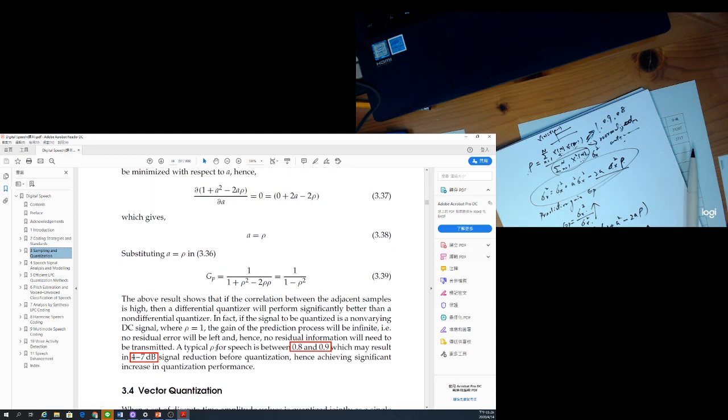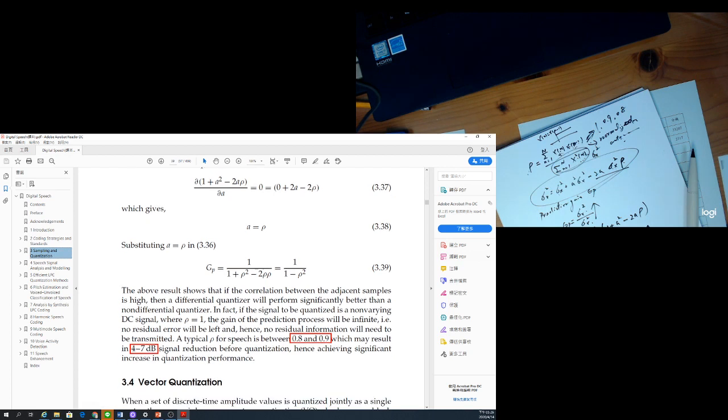Typical rho for a speech signal is around 0.8 to 0.9, because the samples are highly correlated, so you can get a 4 to 7 dB signal reduction before quantization.